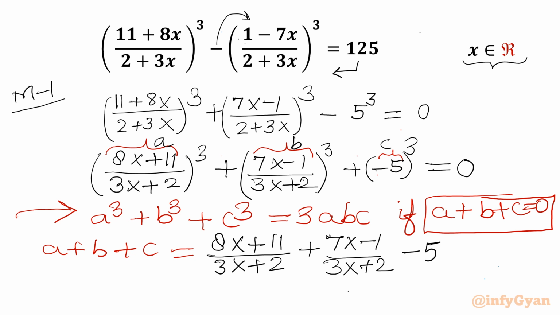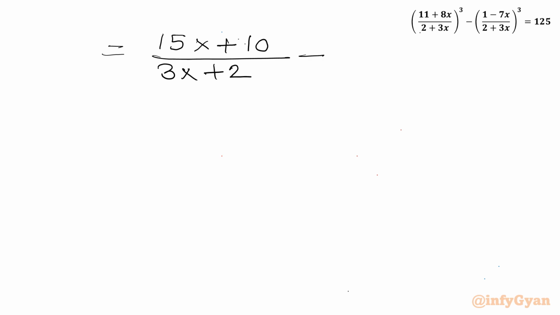Once I add these two, it will give us 15x + 10 over 3x + 2 minus 5.